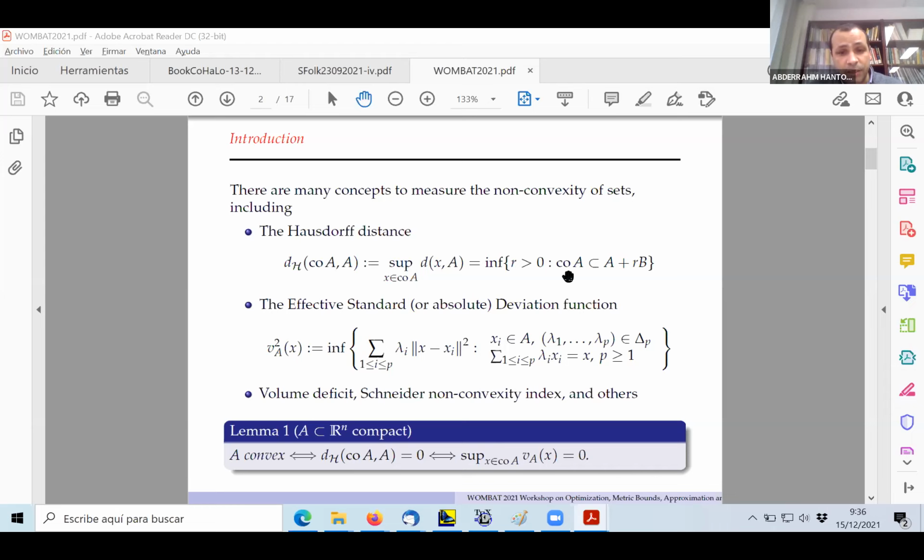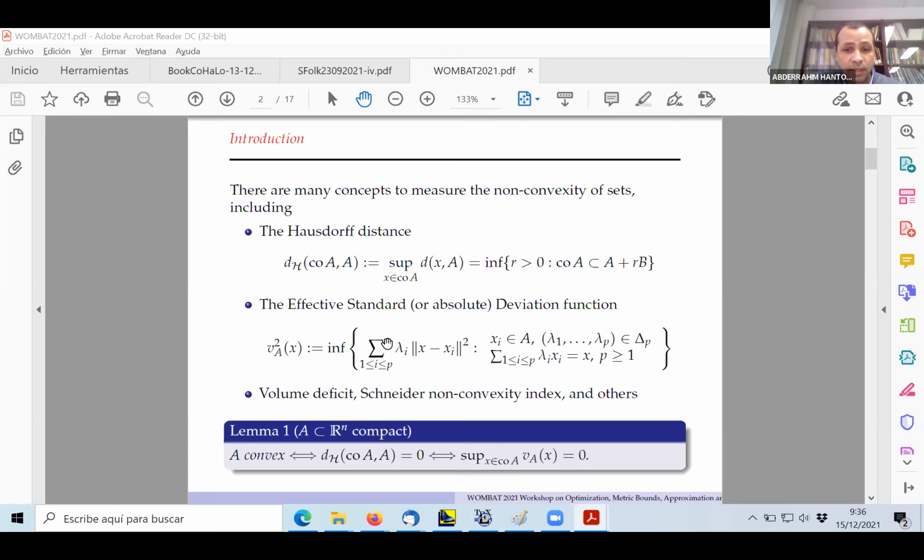There is another technical function called the effective standard deviation function. This function is defined this way. Given a point X, I look for all the possible convex combinations of the point X where the points Xi belong to A, and I do this estimate, and I take the infimum over all such combinations.